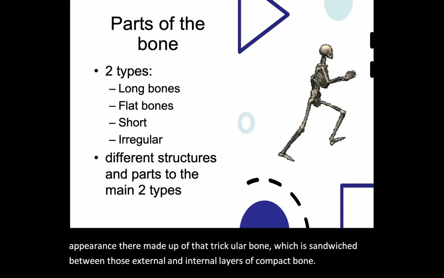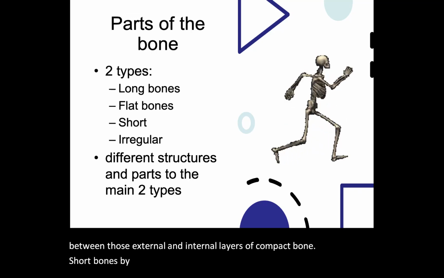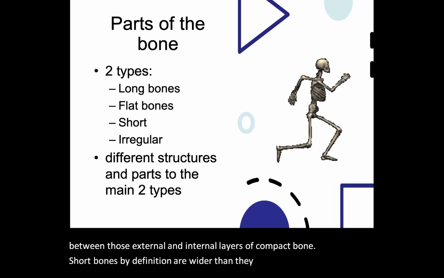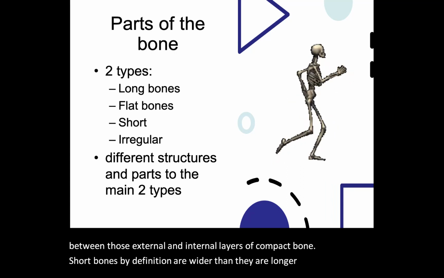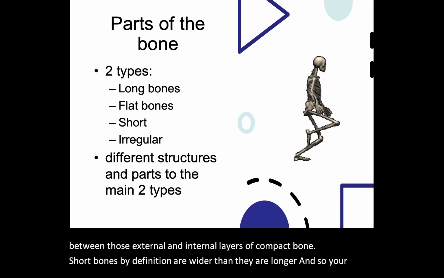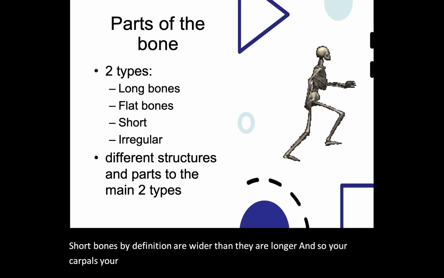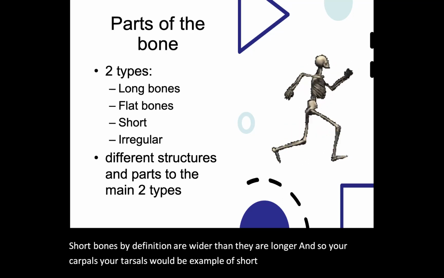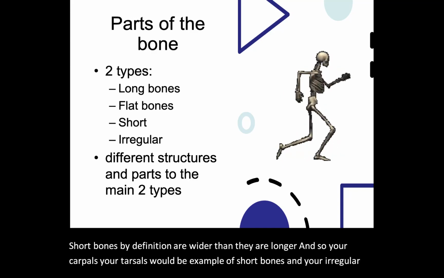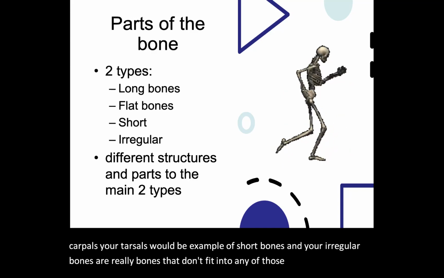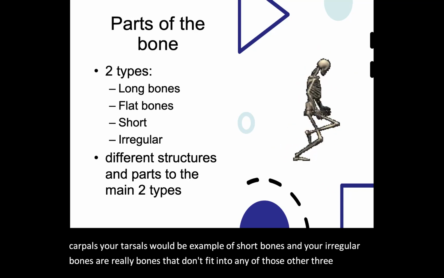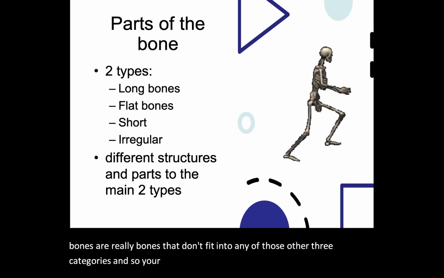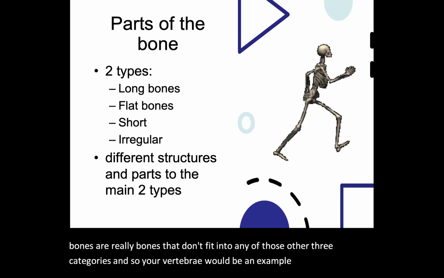Short bones, by definition, are wider than they are long, and so your carpals and your tarsals would be examples of short bones, and your irregular bones are really bones that don't fit into any of those other three categories. And so your vertebrae would be an example of irregular bones.